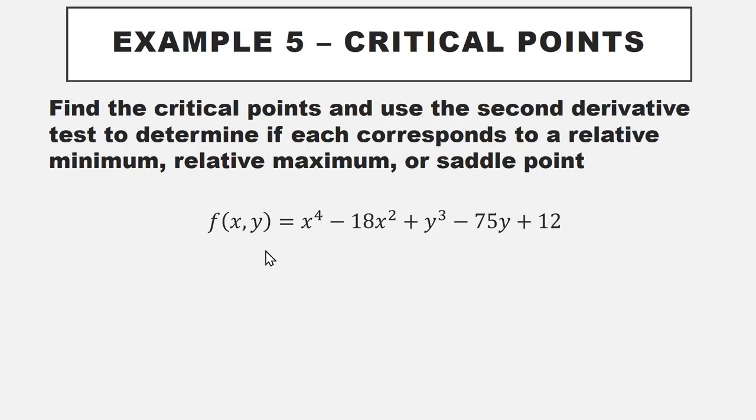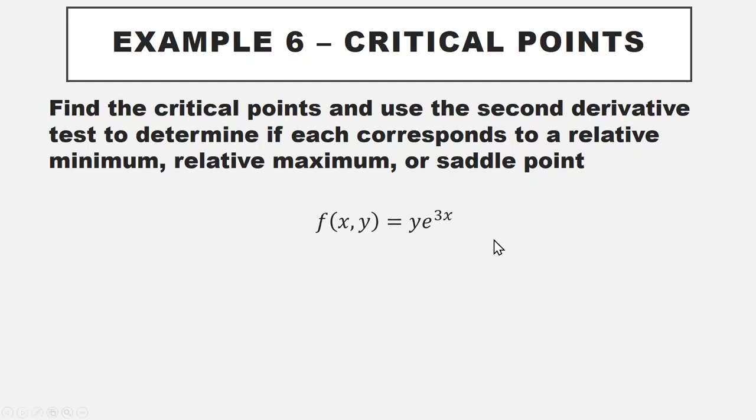So instead of showing you the graph of this, we're just going to go to the next example, and that's this one. Let's find the critical points of the function y times e to the 3x, and then use the second derivative test to figure out if those critical points are relative minimums, relative maximums, or saddle points.